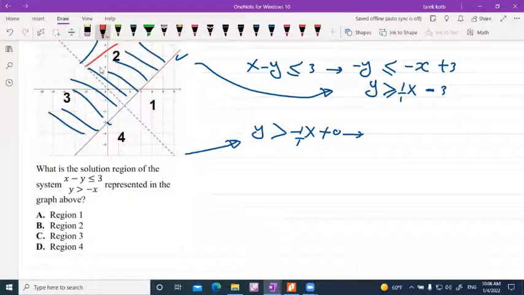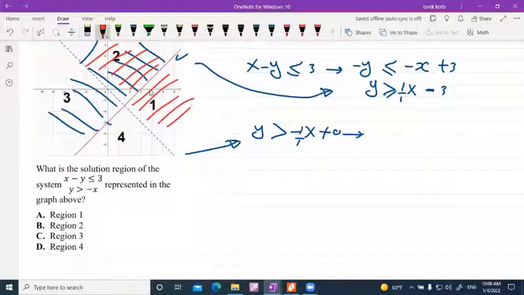Since it's greater than, you take the part above the line and shade it. Where is the intersection region? It is region 2. This is the solution of this system of inequalities.